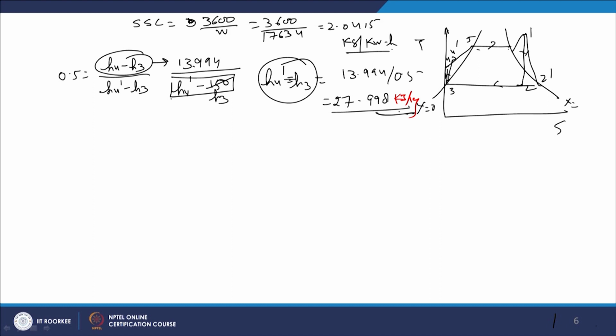Regarding the turbine, efficiency of the turbine is H1 minus H2 dash divided by H1 minus H2.